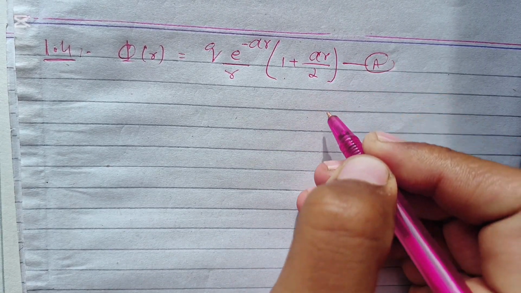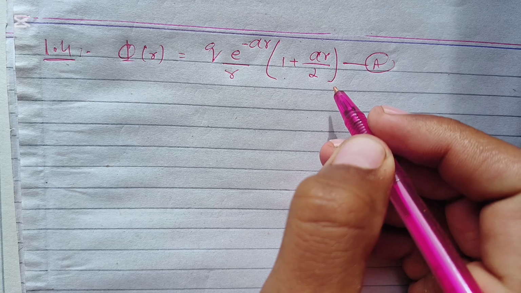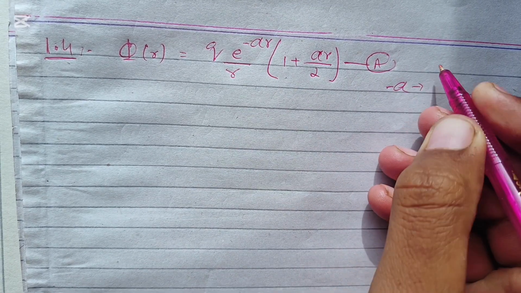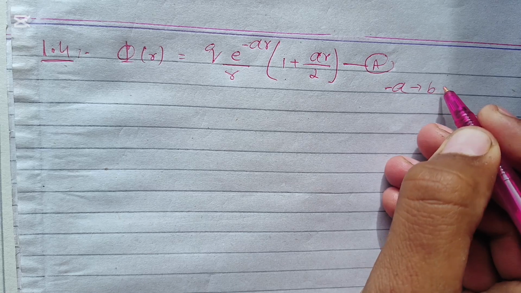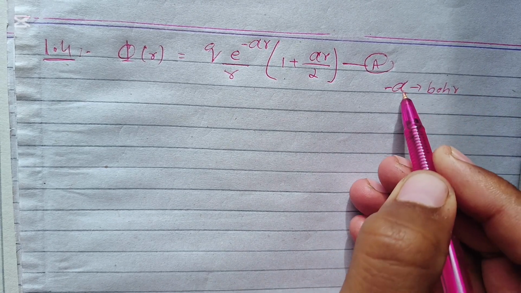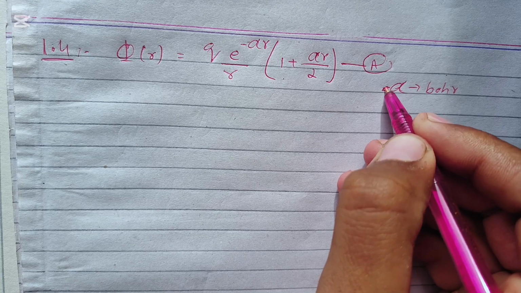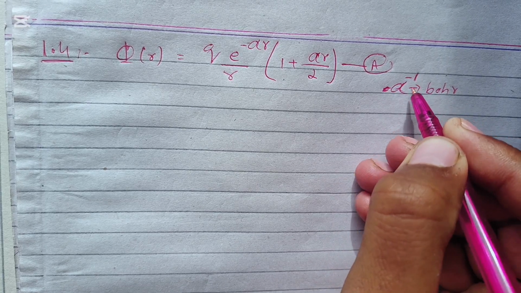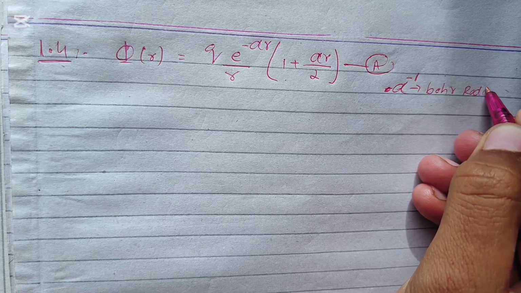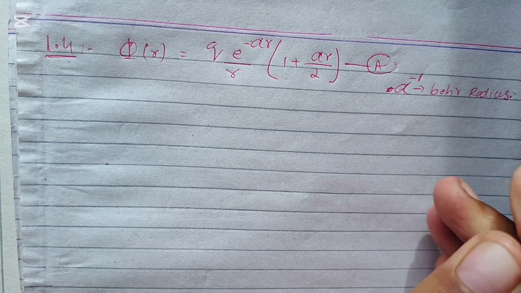This is equation A, where alpha^(-1) is the Bohr radius.